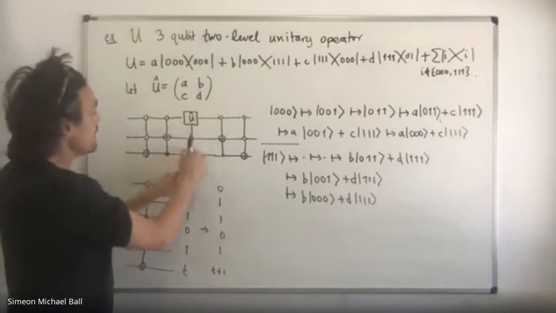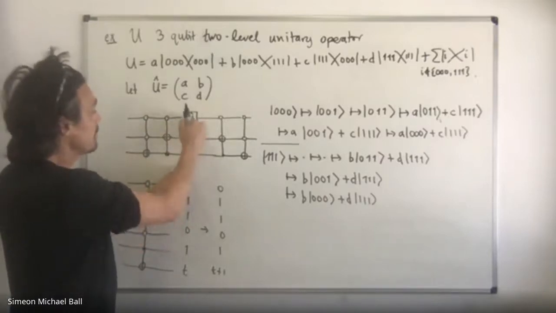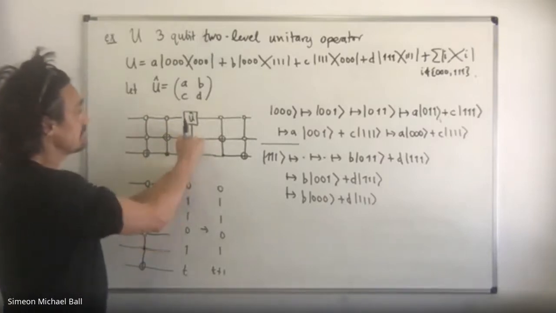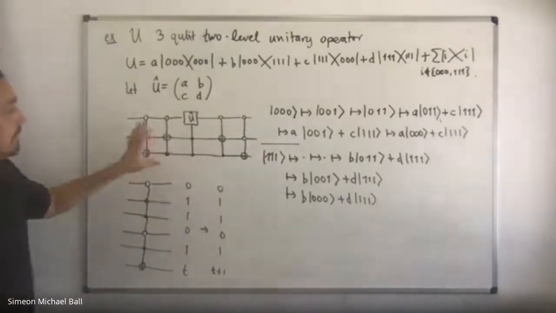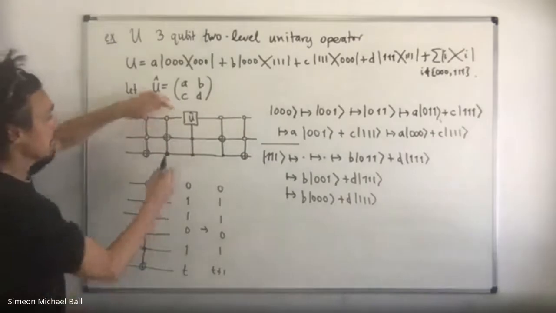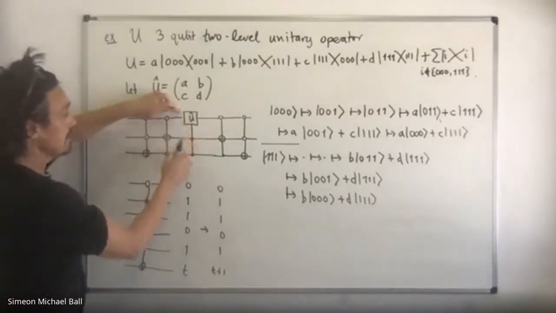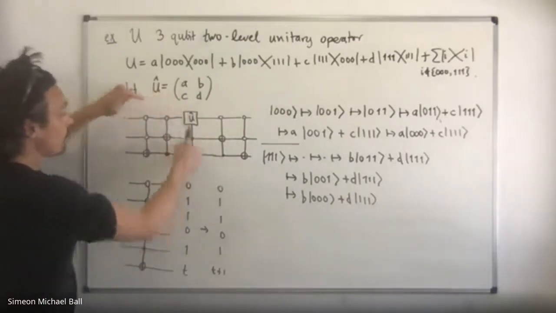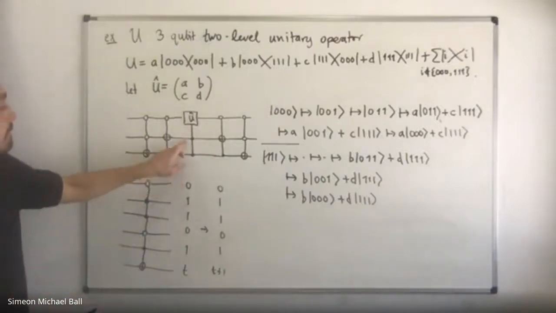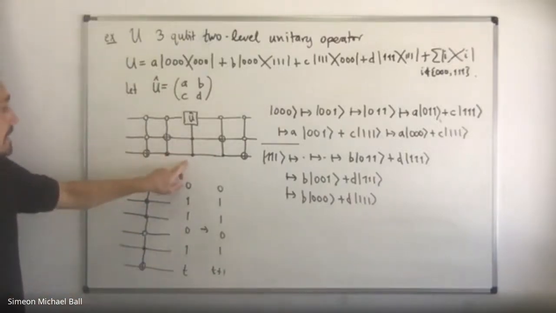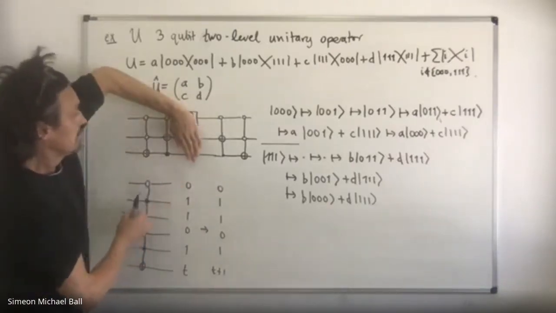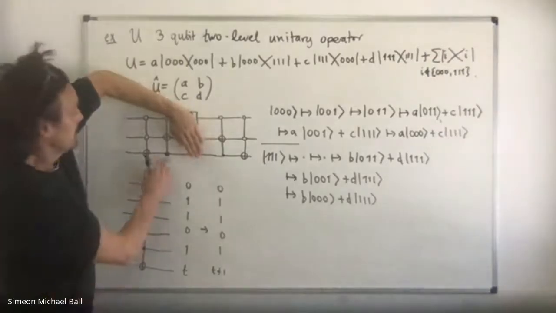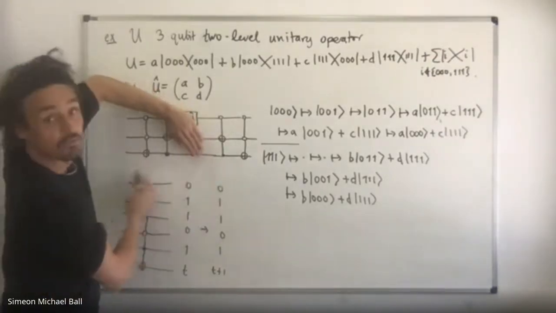There's no other way of applying the U that I think we can see. There's only 2 ways to get there, and that's either starting from 0, 0, 0, which then gets sent to 0, 1, 1 before it hits this gate, or the 1, 1, 1. Anything else is not going to have these last 2 things set. And so this is then clearly the identity, okay? Because this is the inverse of this, and this is the inverse of this.